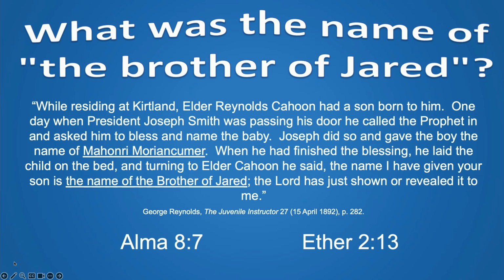So that's the same name that Joseph Smith is giving to Reynold Cahoon's son there. And so whether the brother of Jared's name was Mahonri Moriancumer or just Moriancumer is the question. Mahonri was a quite popular name in the 1800s in that part of the world when Joseph was there, so maybe Mahonri is not referring to the brother of Jared, and just Moriancumer is.